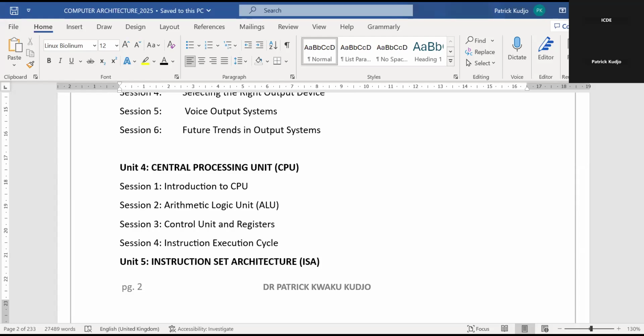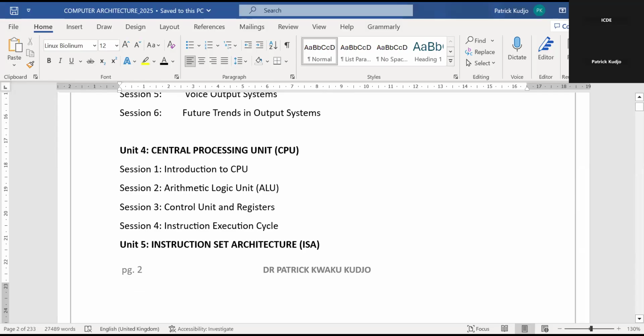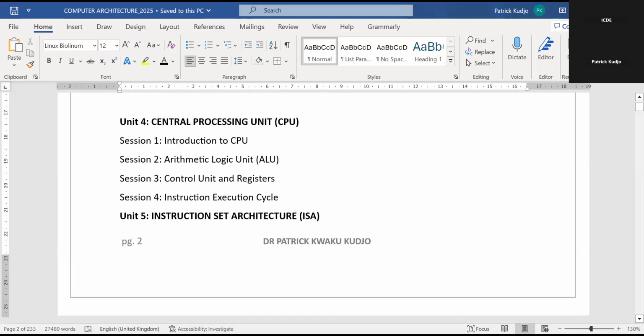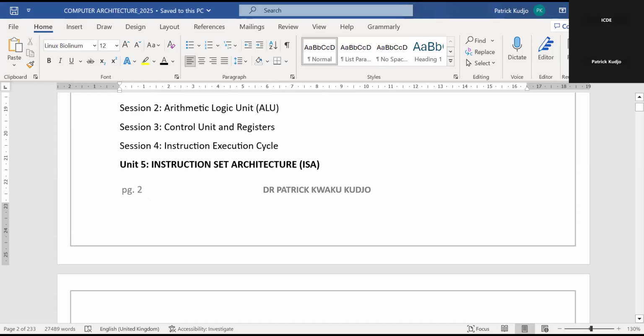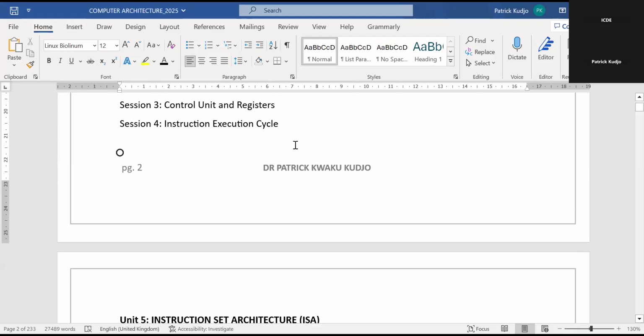And we will look at the other components of the CPU, which include the arithmetic and logic unit, basically, that handles the logical operations or mathematical calculations. We'll look at the control unit, which is a major component that coordinates the activities of the other components of the computer system, registers, memory, and then finally, we'll look at the instruction cycle or instruction execution cycle.